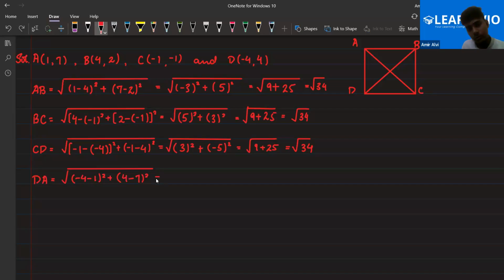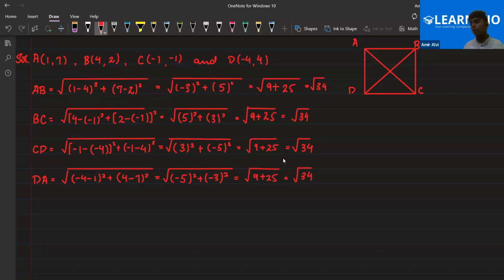That is equal to minus 4 minus 1, which would be negative 5 square. And this would be negative 3 square. Right. So this is nothing but 9 plus 25, equal to root 34 again.